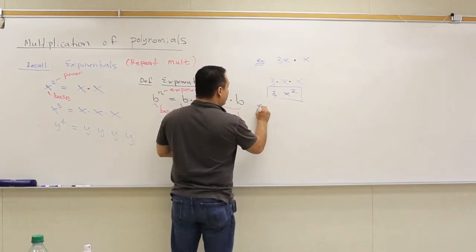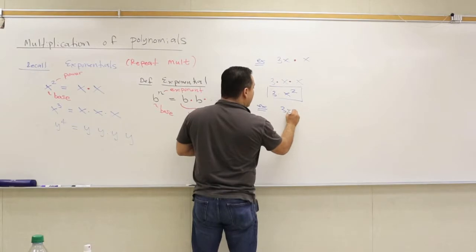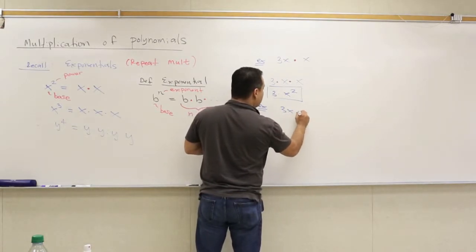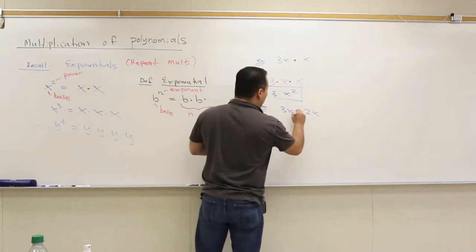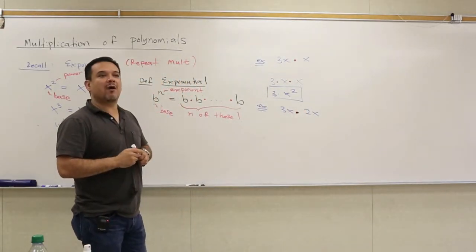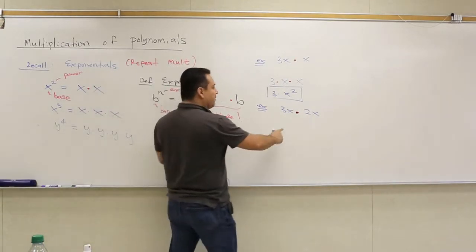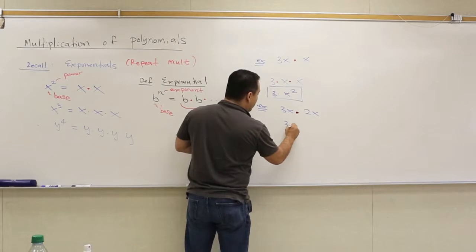Let's give you another example. Let's see if you're awake. What if you had 3x times 2x? Here's another multiplication problem. What's 3x times 2x? Well, what's happening with the 3 and the x? Multiplication, okay?